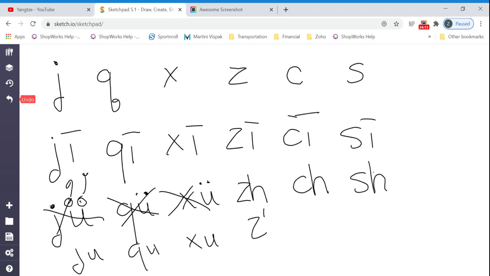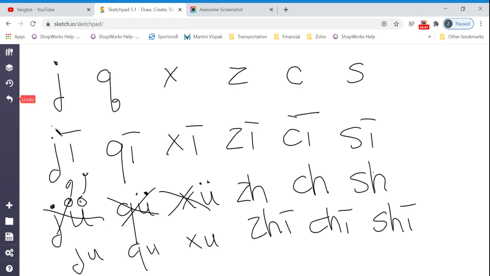So when you write zhi, you don't pronounce ge, you pronounce zhi, chi, shi. Okay, so that's our third rule today, which is those special initials.